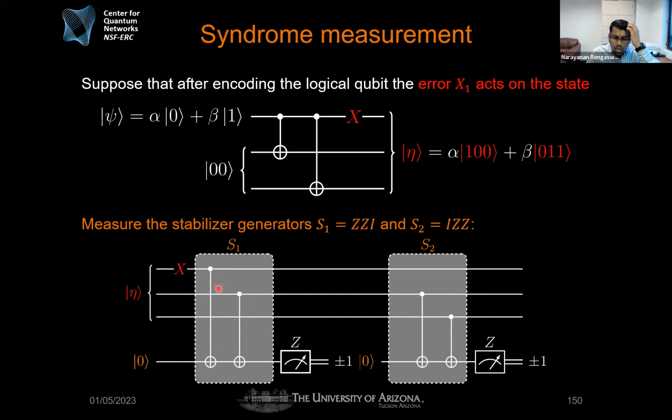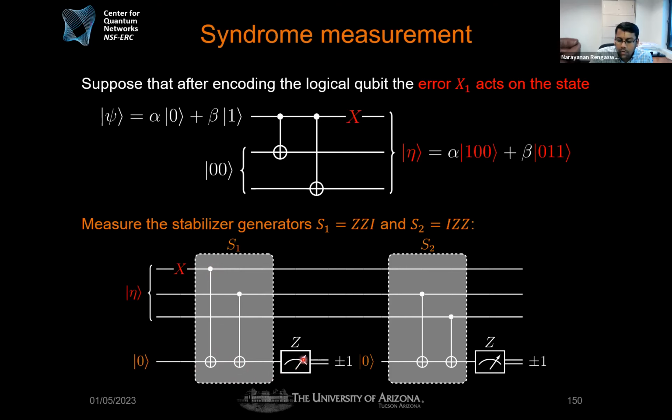So what happens? We already know how X propagates through CNOTs, right? So we just check that X at the control input of the CNOT propagates to XX here, meaning that the X is actually propagating to the ancillary qubit and it will flip it.